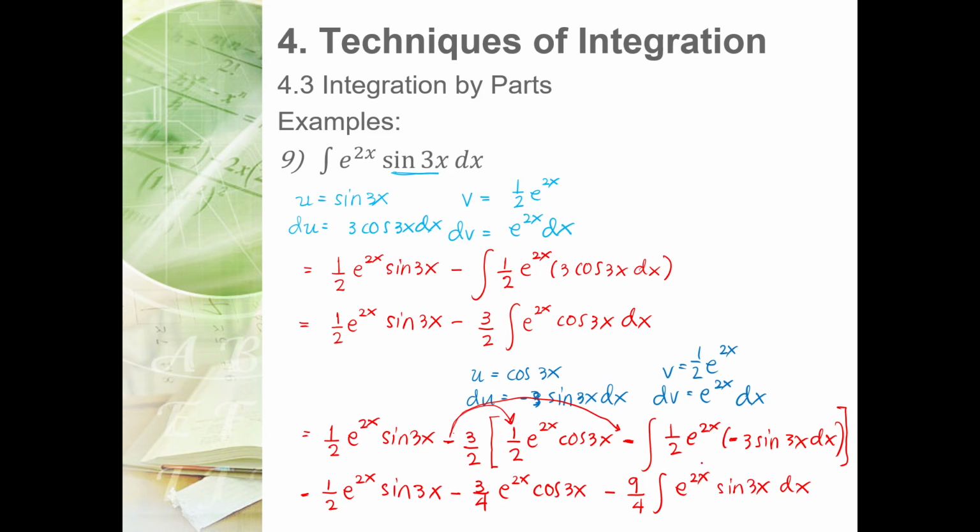So notice that we returned to the given equation, right? And we have 9 over 4 as the coefficient.